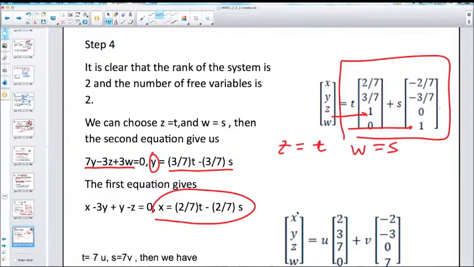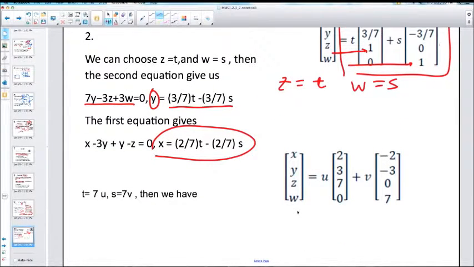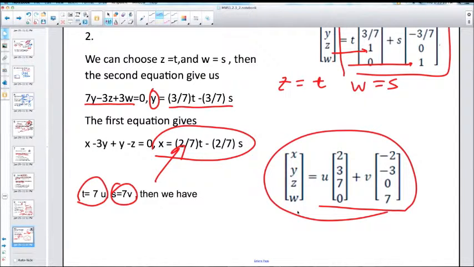It's a two-dimensional manifold. You cannot call it a plane too, because it's two-dimensional, two freedom. But if you don't like the fraction over 7, you can remove it by letting t equal 7u, s equal 7v. I just don't like the fraction 7. You plug it in here, you get this better-looking solution.